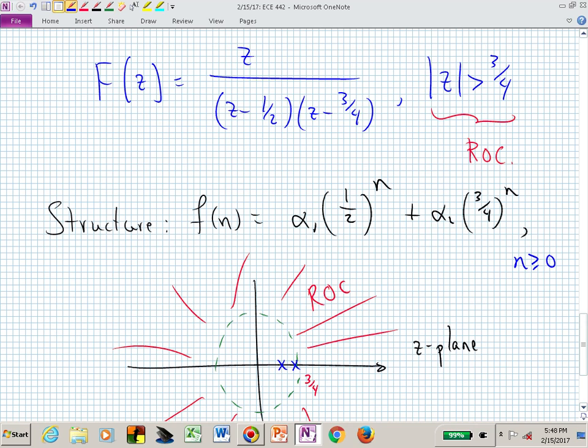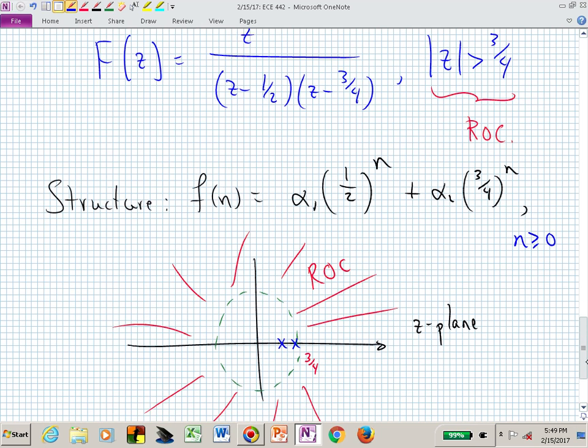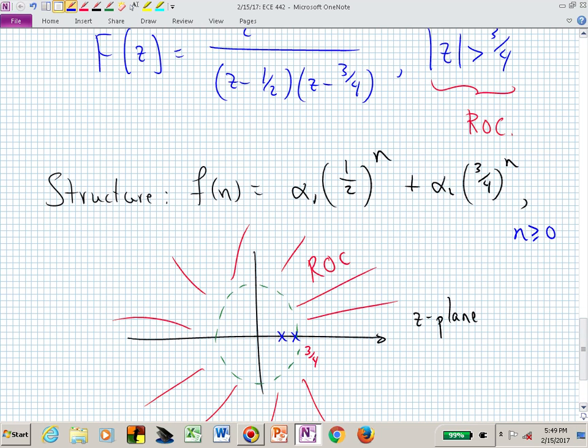Is it always below some finite number in value? Or does it go off to infinity in magnitude, for these values of little n, non-negative? You should be able to look at the right-hand side of little f of n and answer that question.